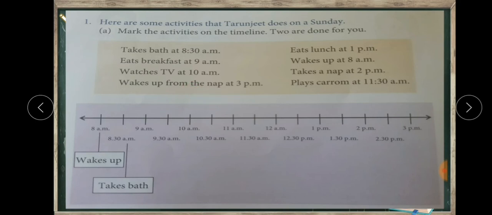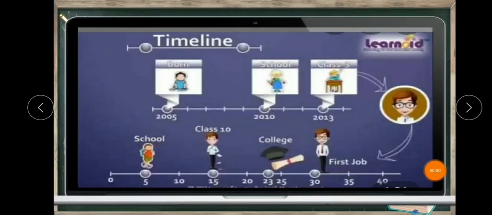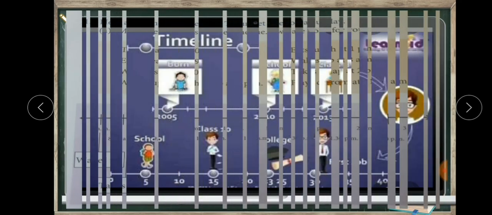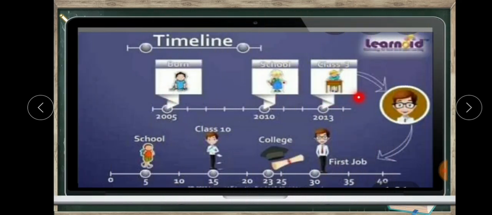Clear children? Next, see these two. These two are also examples of a timeline. In the previous example, in this timeline, we marked different times in a day. But in this timeline, it is marked as 2005, 2010, 2013. What is it?